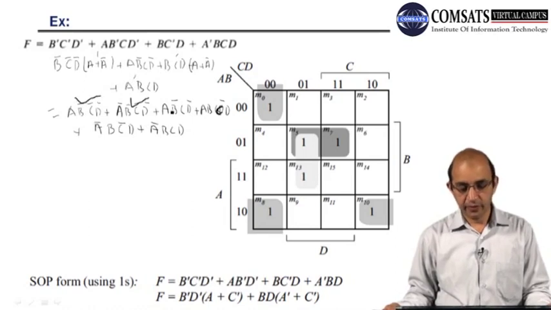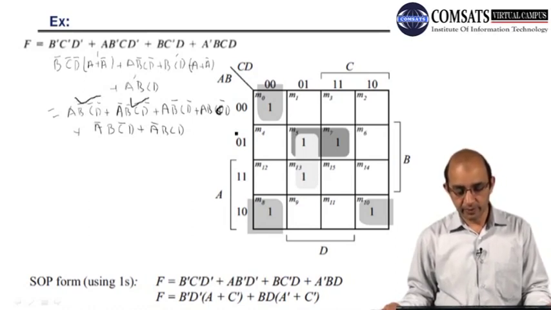And then we will be looking for A, B bar, C, D bar. So this is also done. And then we have A, B, and C bar, D. This is also done.